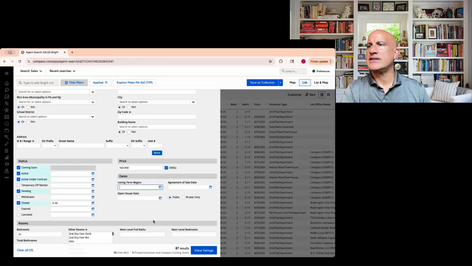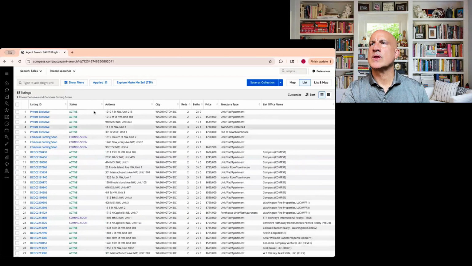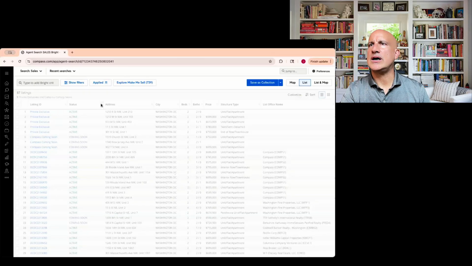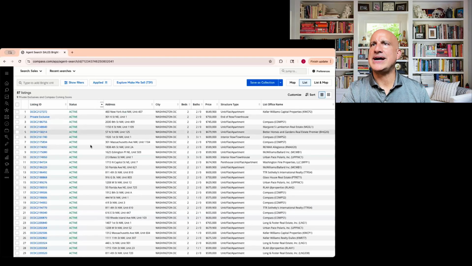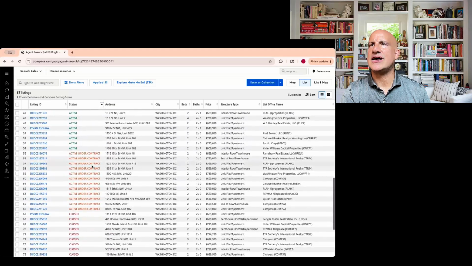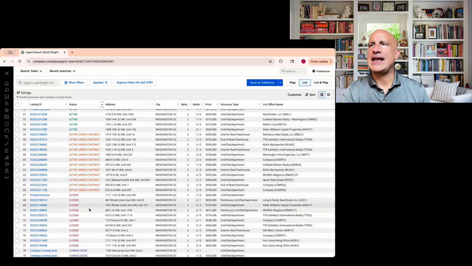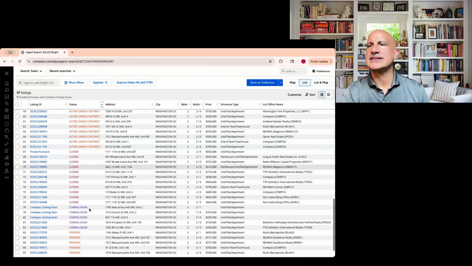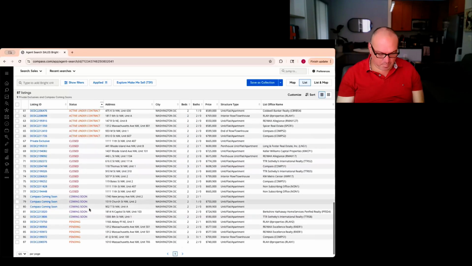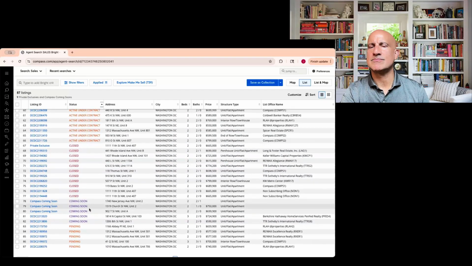That doesn't change it a lot. Organizing it by status, that gives us 87 listings: a lot of actives, then active under contracts, and then our closed and pendings.